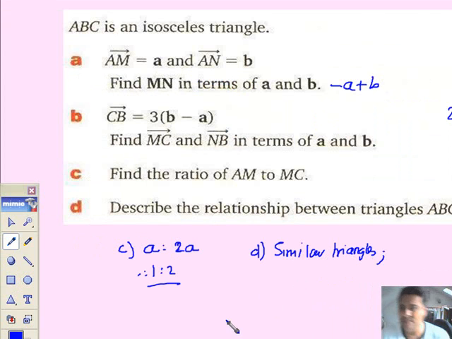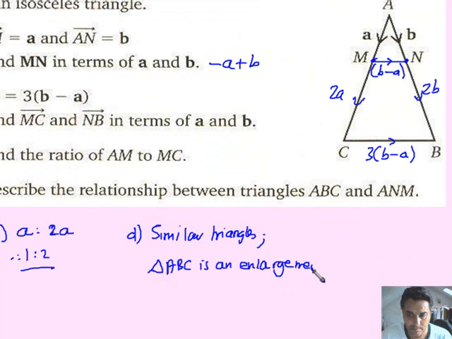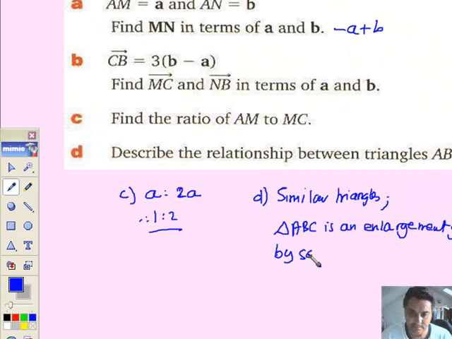If I want to get some extra marks, maybe if it's a 2-3 mark question, expound upon it. So similar triangles, and so triangle ABC is an enlargement of triangle AMN, or ANM as they call it, by scale factor 3.